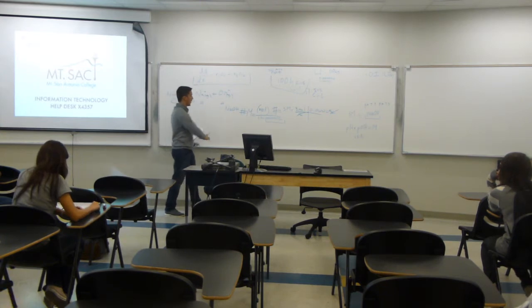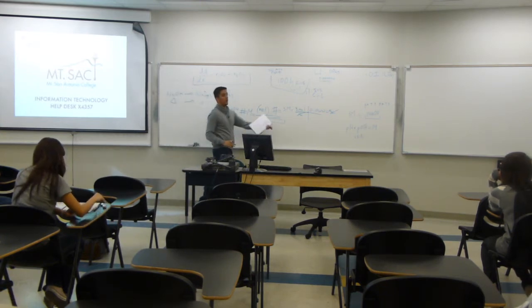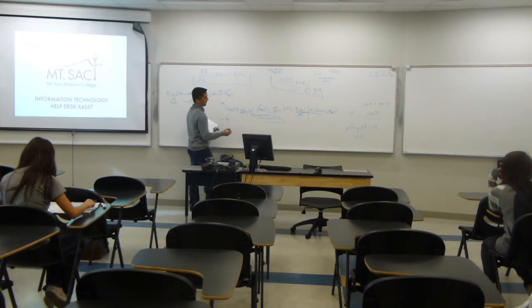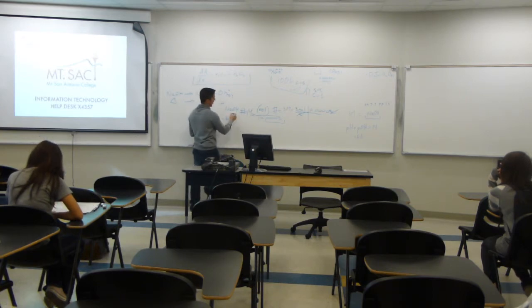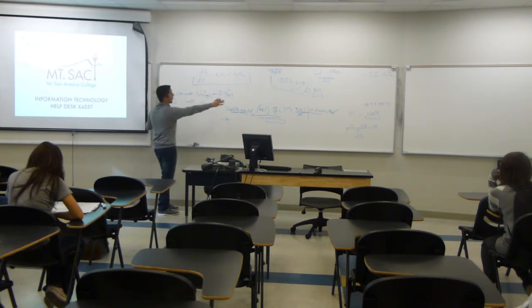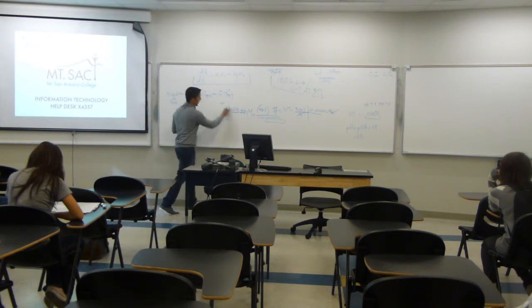So once I find this number, I would plug it into pOH. What pOH means is the negative log of OH-, which would be this number. But since it completely breaks apart, I can actually take the sodium out.